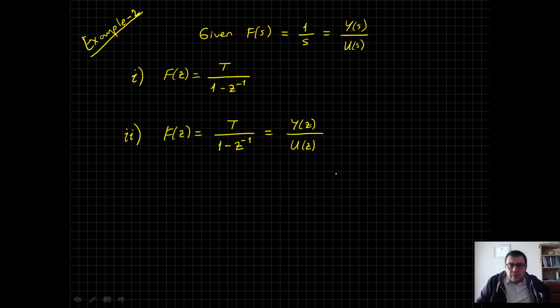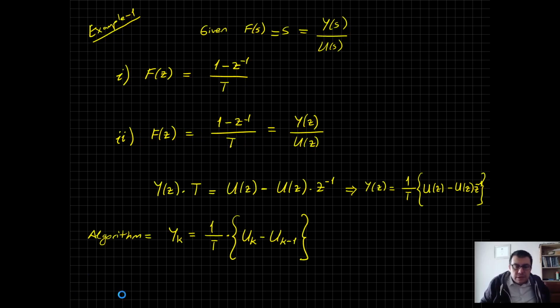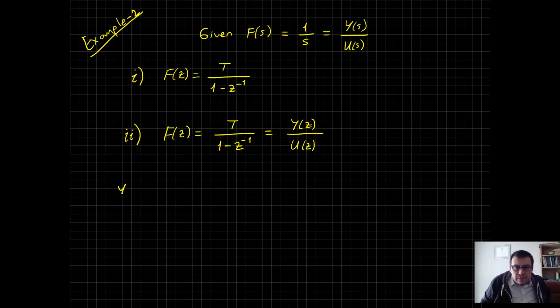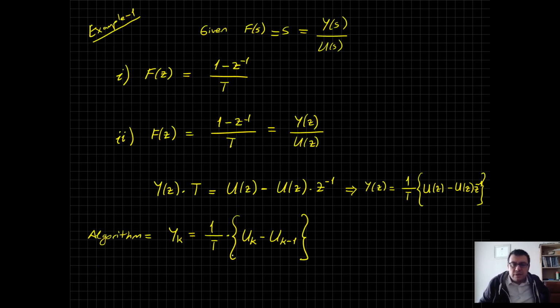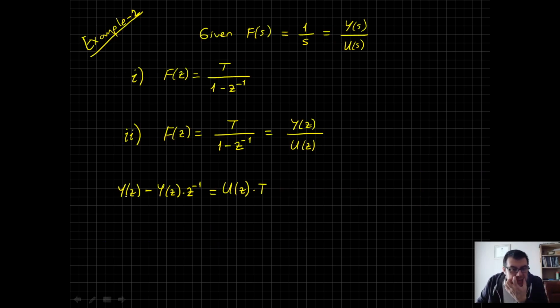Now if you have this relationship, then you can again make cross multiplication and come up with the following recursion. Let me write it here. Y of z minus y of z times z to the minus 1 should be equal to u of z times t. Just like what we did here, right? And it's important to leave y of z alone here.